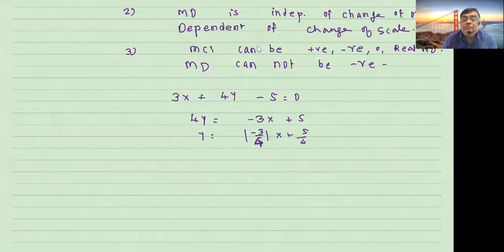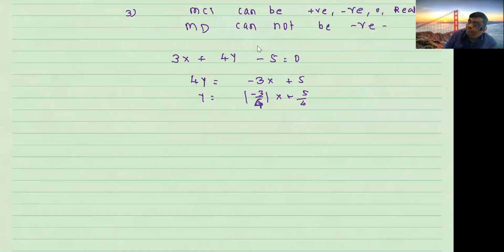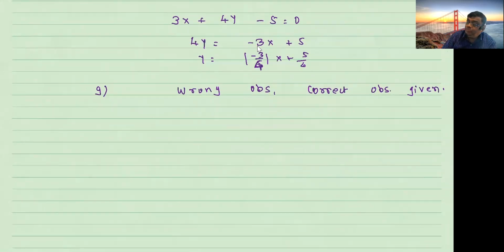Then I consider the next variety of question in which wrong observations and correct observations are given.